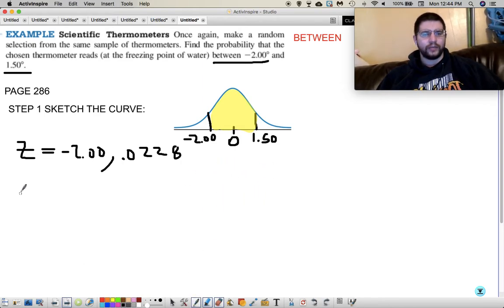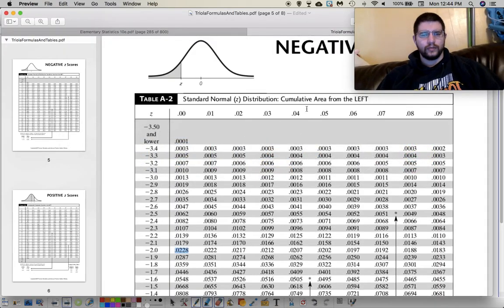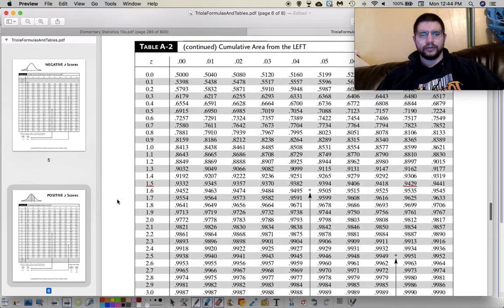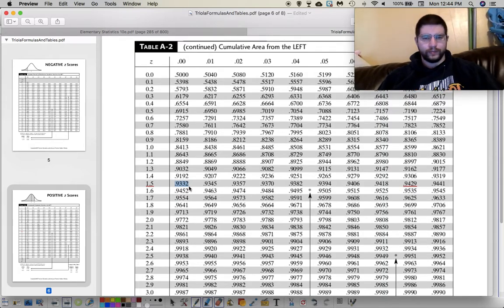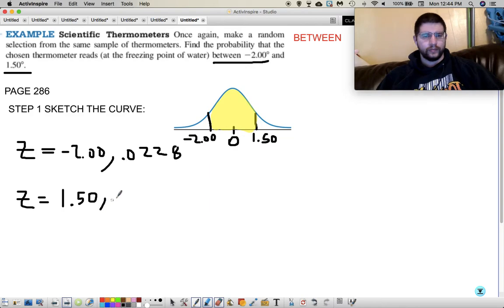This time we're going to look up what happens if z is 1.50. That's positive 1.5. So that's going to be 0.9332. So here we go.